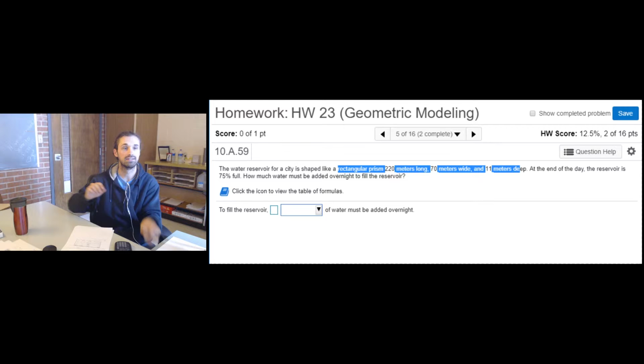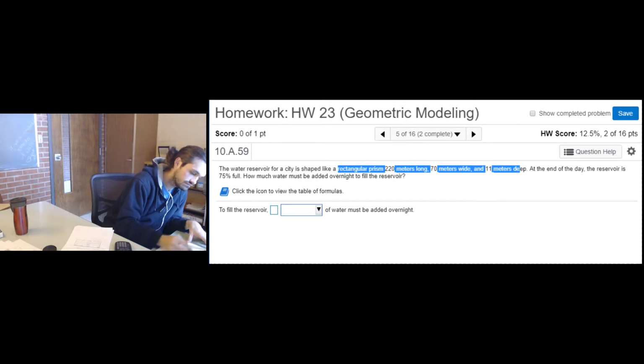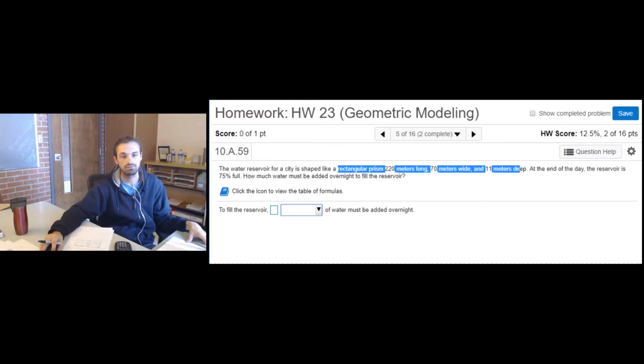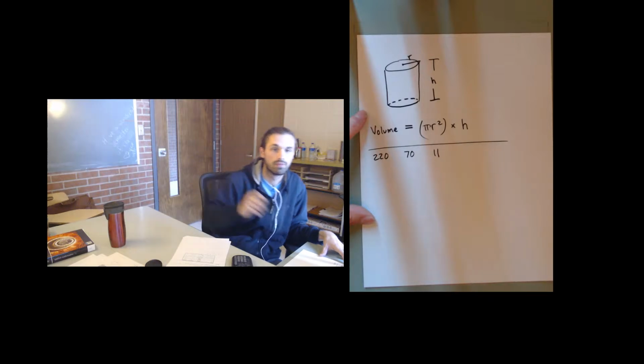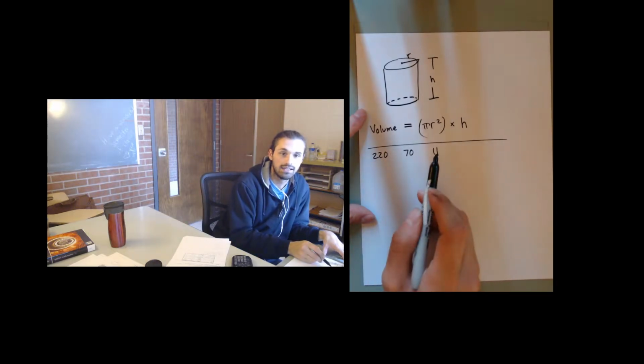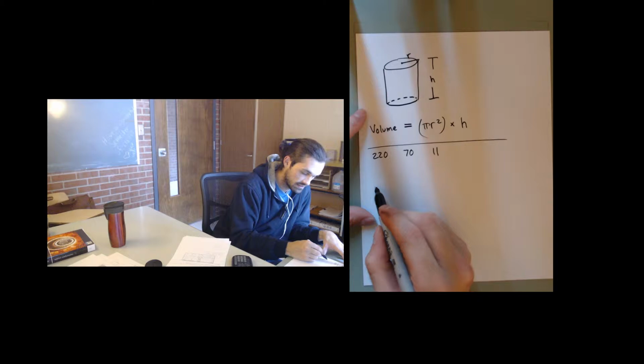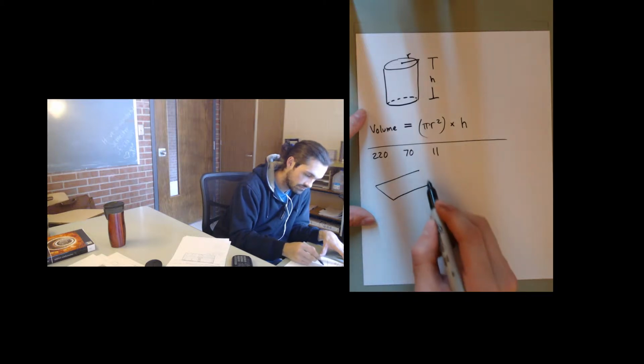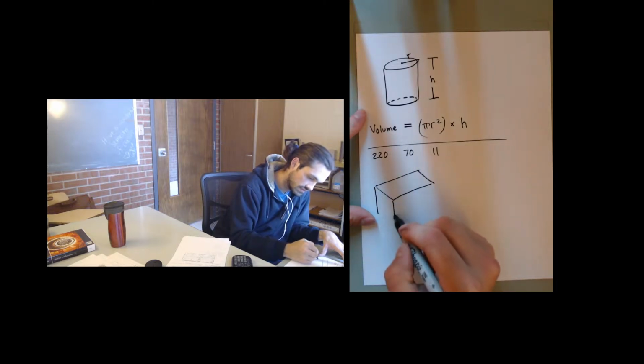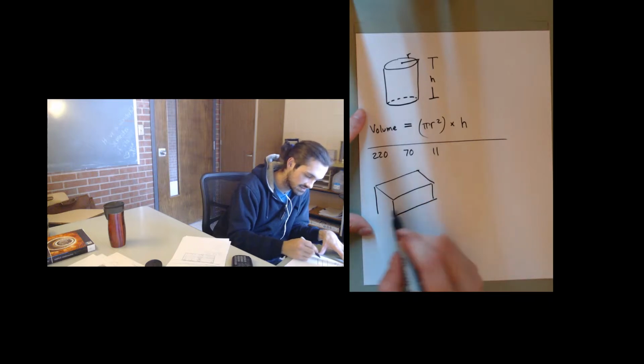So we have 220 by 70 by 11. So length, width, height of the rectangular prism. So recognize a rectangular prism is just a nice box, essentially.